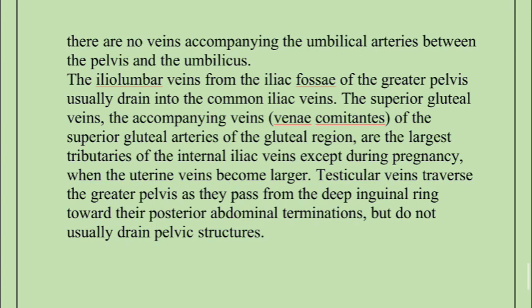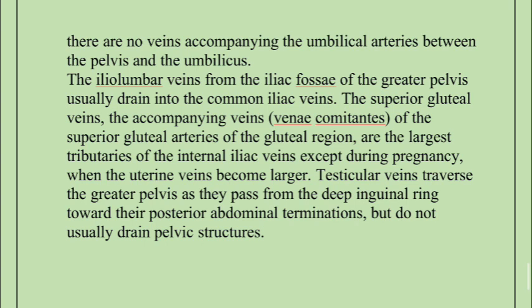The iliolumbar veins from the iliac fossa of the greater pelvis usually drain into the common iliac veins. Then you have the superior gluteal veins, the accompanying veins, which we call the vena comitans of the superior gluteal arteries of the gluteal region.